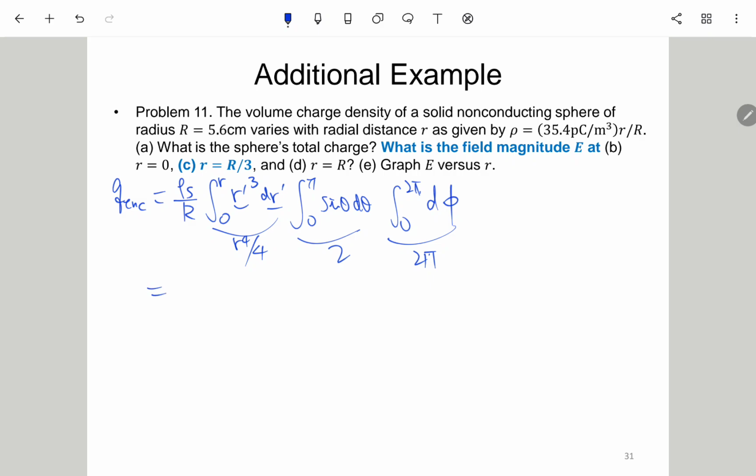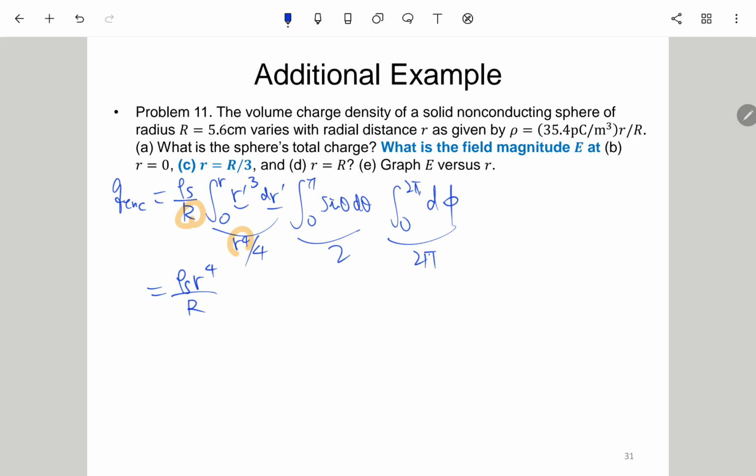The only different case is that this capital R and this small r to the 4th power cannot be cancelled. So it turns out to be rho s and then r to the 4th power over capital R.